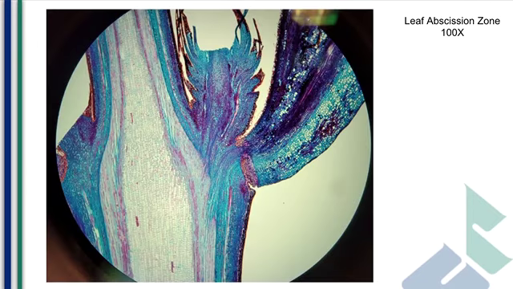Last but not least, I wanted y'all to take a look at this leaf abscission zone, a region of programmed cell death in order to allow the leaf to fall off. You see where the cortex, the living cells, are on both sides of this leaf, that they are starting to decay.